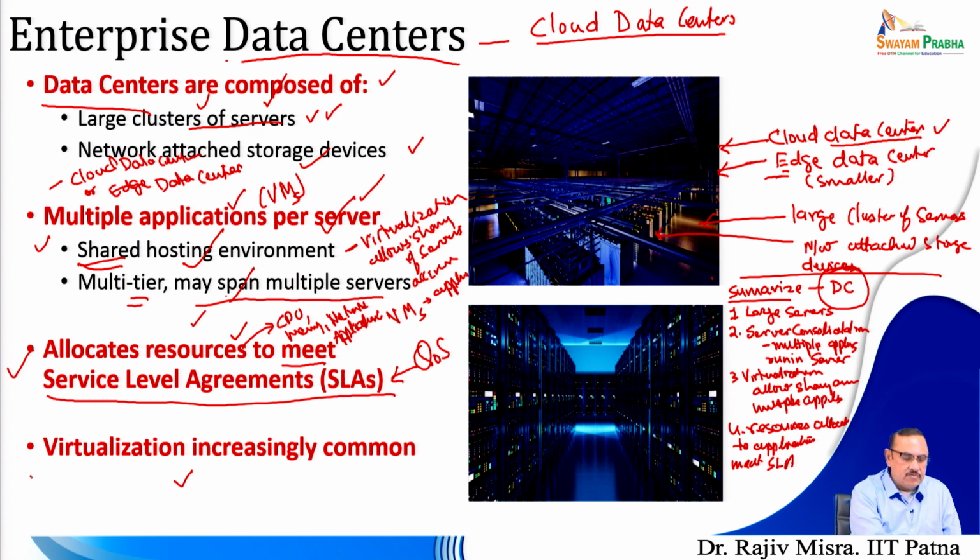The technology which facilitates this sharing of a physical machine to run multiple applications in a shared manner, that is to allow the shared hosting environment, is virtualization. The allocation of resources to the virtual machines has to strictly follow some kind of agreement, called service level agreements. All these things together are the requirements of running a data center, and that is called an enterprise data center.